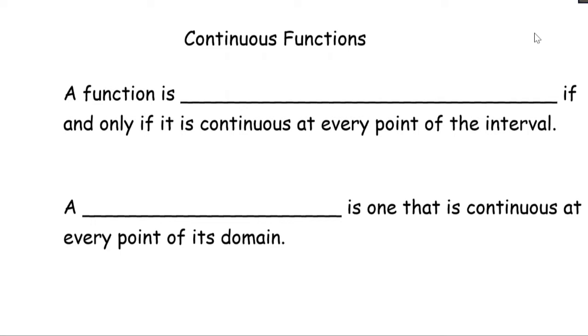There's a few things that we need to know about continuity of functions. There are certain functions that we know are continuous, and if we know that an equation is that type of function, we know that it is continuous, and that will help us. We also need to know where they are not continuous.